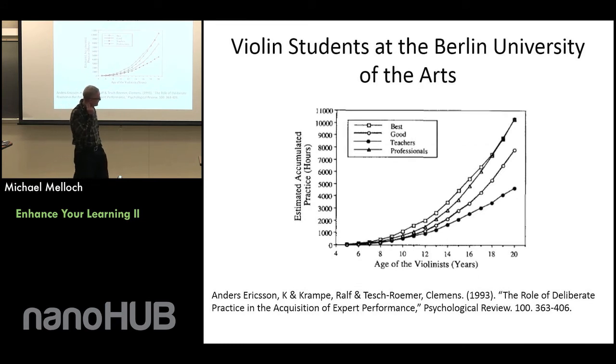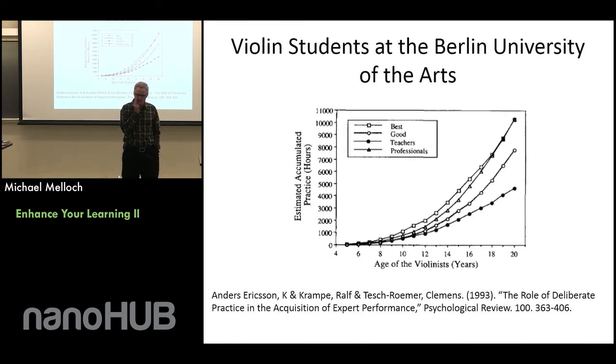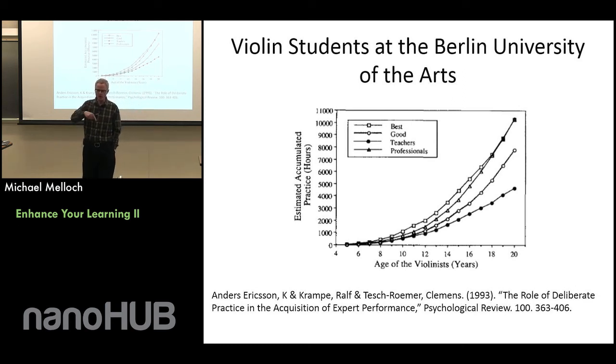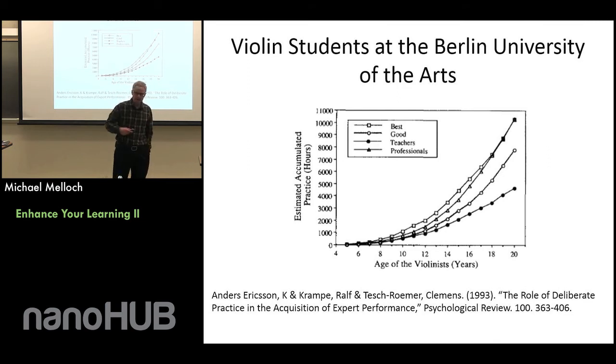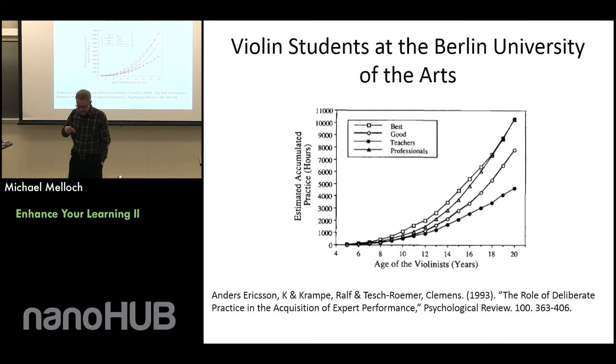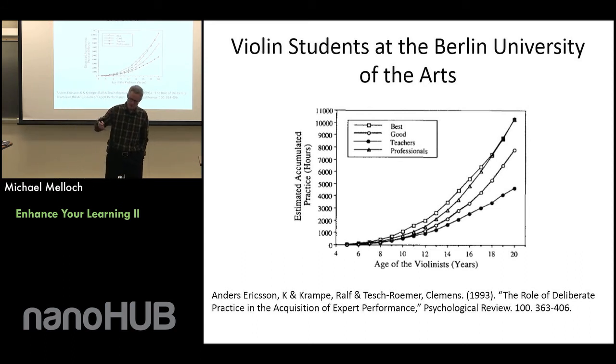Okay, so this study here ties together a lot of what we've talked about last time and this time. It's a study by Anders Ericsson, who you recall from last time we talked about the concept of deliberate practice. He went to the Berlin University of the Arts, and he asked the faculty there to sort the violin students into three categories.